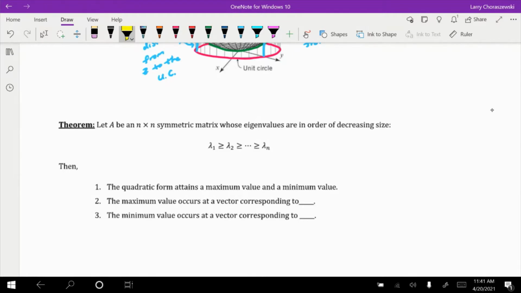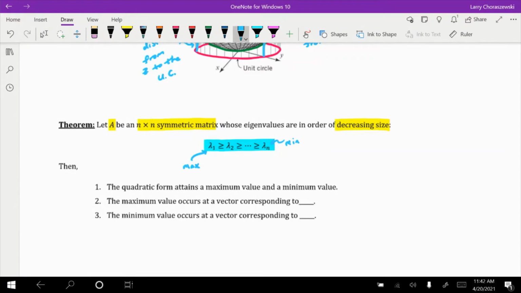This theorem says that if A is an n by n symmetric matrix whose eigenvalues are in order of decreasing size, given by this chain of inequalities, lambda sub 1 would be the maximum eigenvalue, so it'd be the largest of them all, and then lambda sub n would be the smallest of all the eigenvalues.